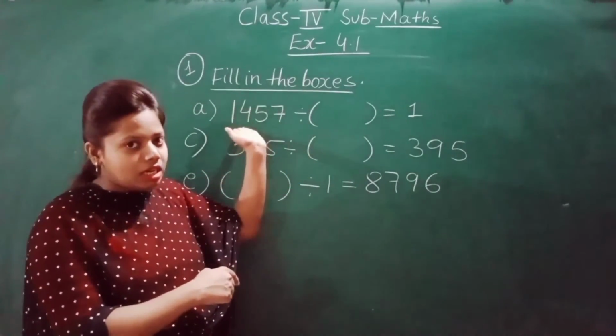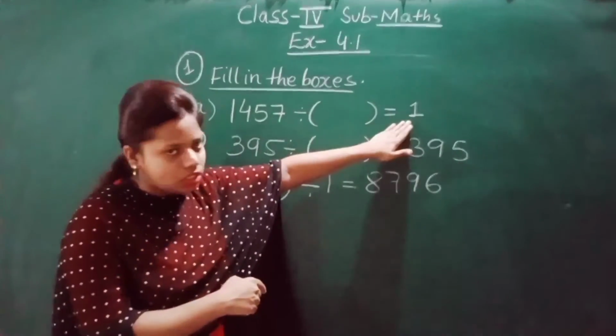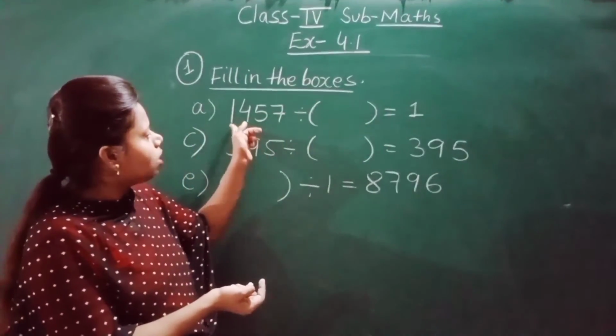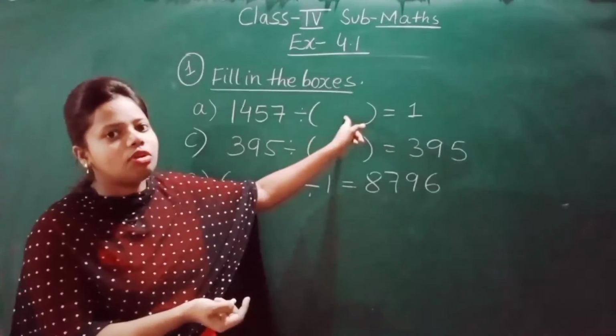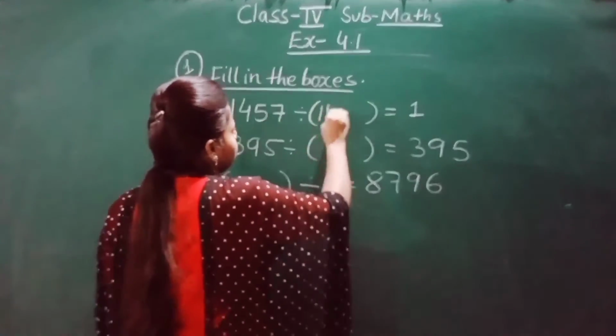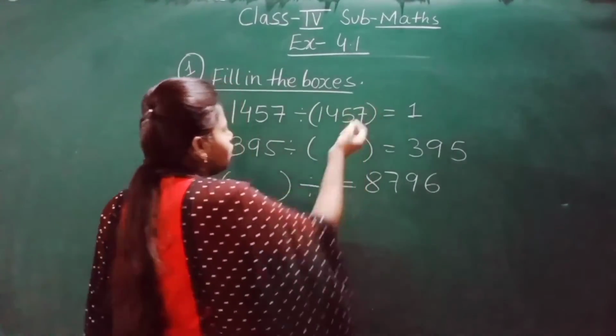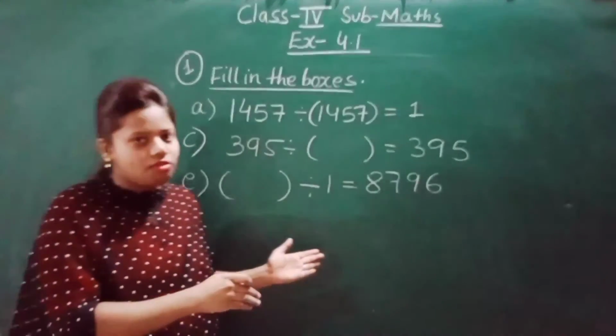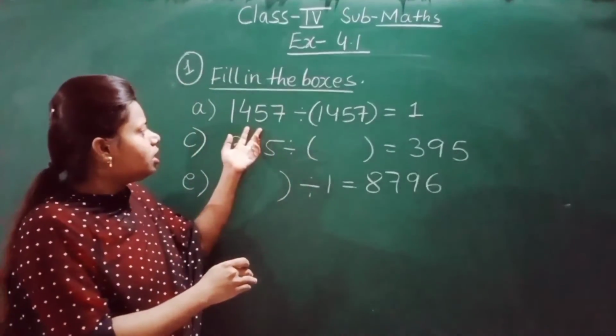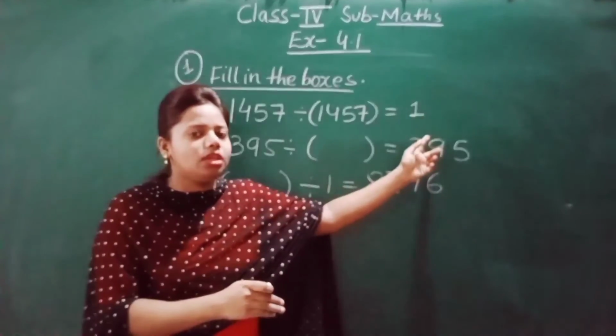When the number is divided by itself, what will be the quotient? 1. So what is given here? 1457. So here also there will be 1457 only.